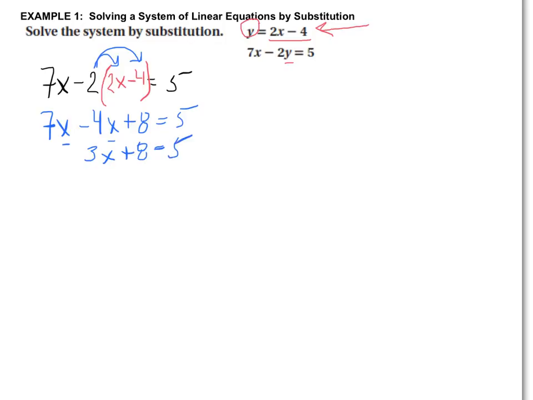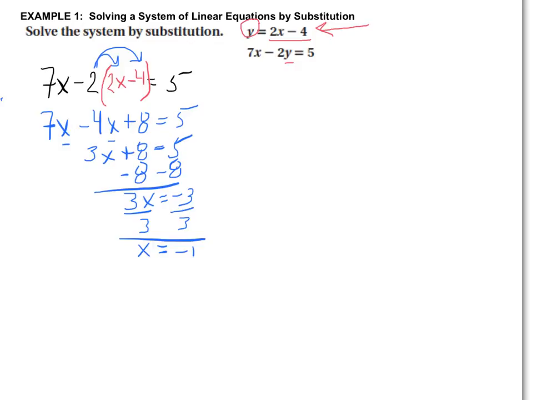With my two-step SADMAP equations, subtract 8 first, I get 3x equals negative 3. And then when I divide by 3, I get x equals negative 1. So that is the second step. From here, I need a coordinate. I can't just do x, I need x and y.